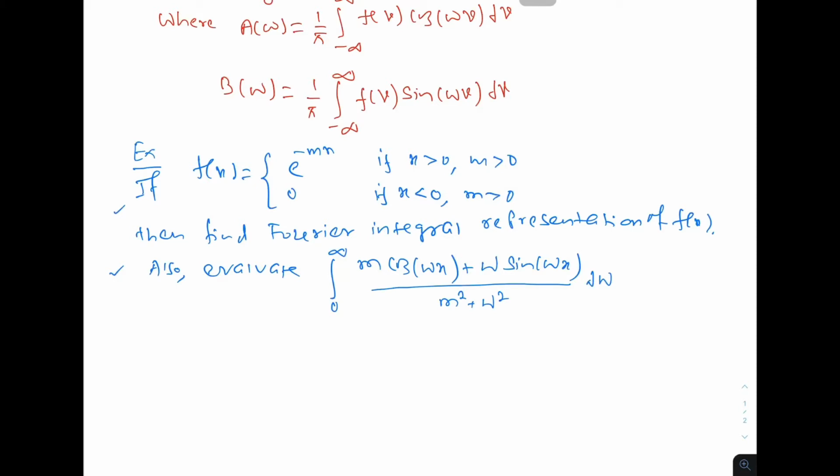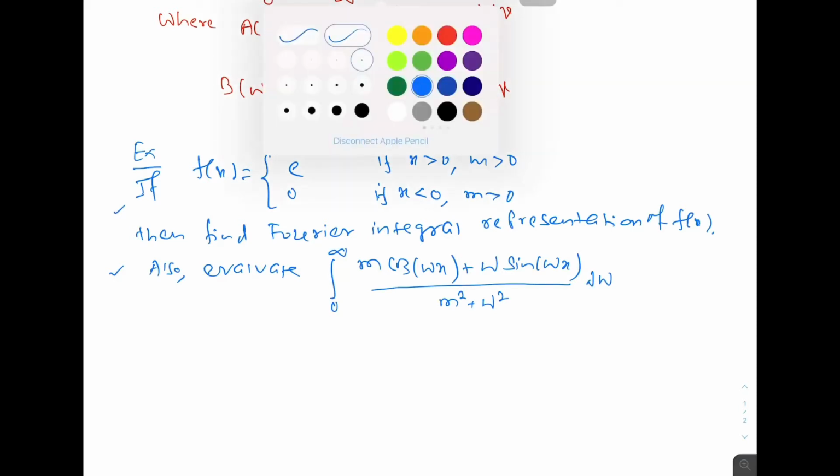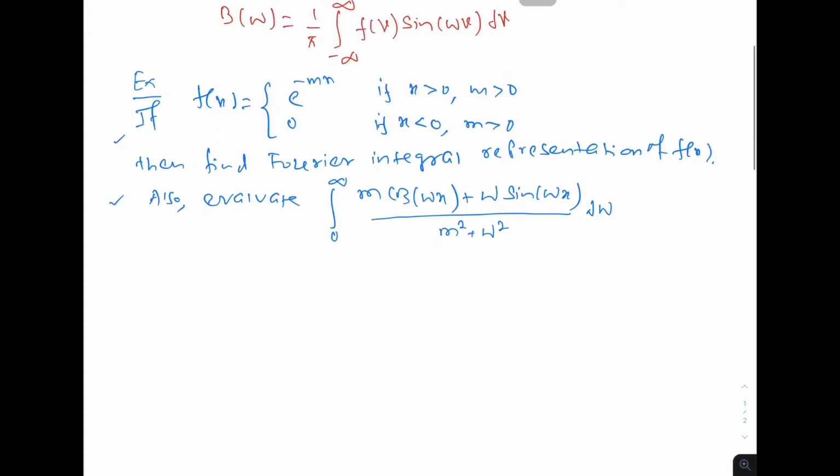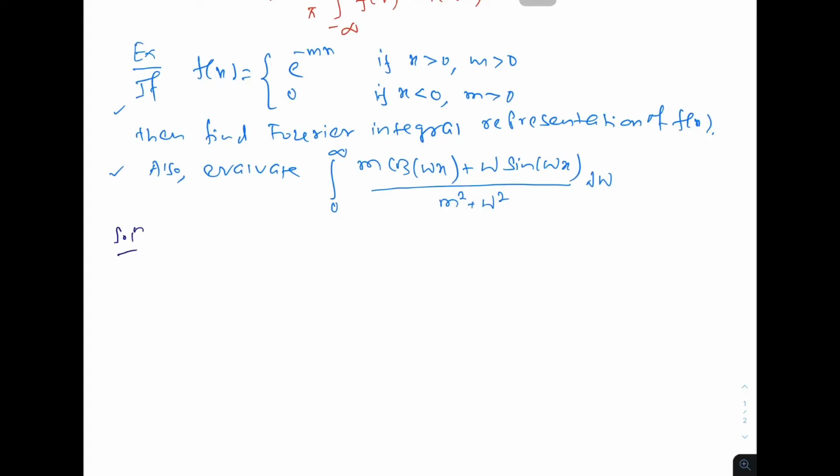That means a value of this integration. Now let us find the Fourier integral representation. So f(x) is given to you like this.